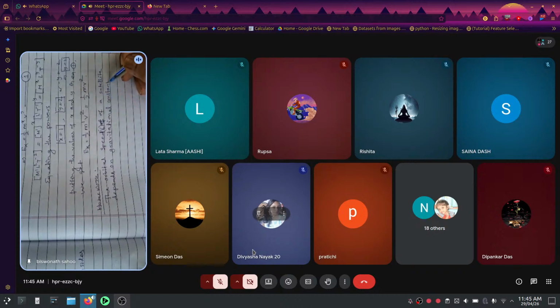In short, gravitational constant capital G, then mass of the planet, capital M. See, mass of the satellite will get cancelled out.